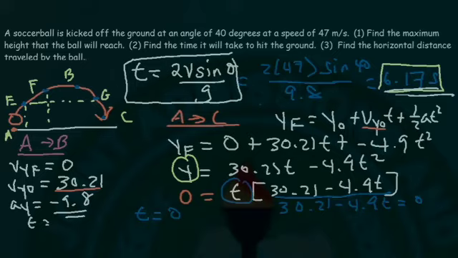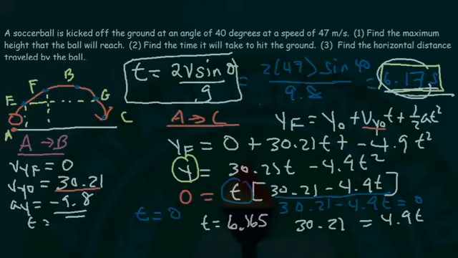So we're going to move the 4.9 t to the other side. Therefore, we have 30.21 is equal to 4.9 t. So 30.21 divided by 4.9, you get this answer: 6.165, which rounds to 6.17 seconds.